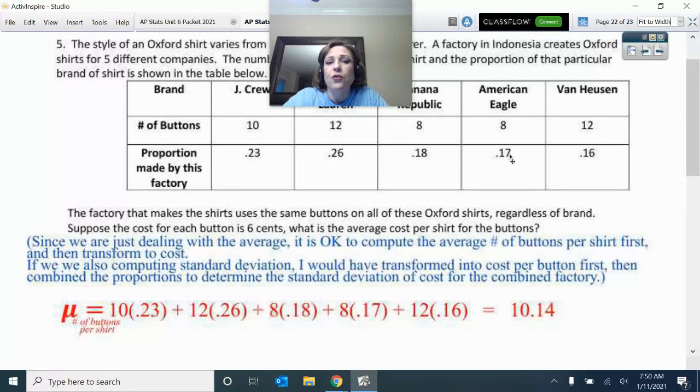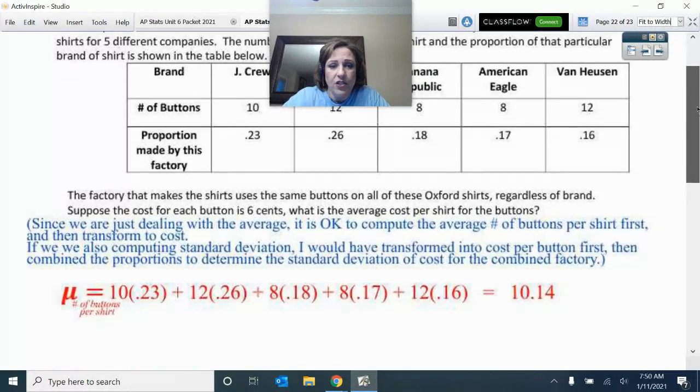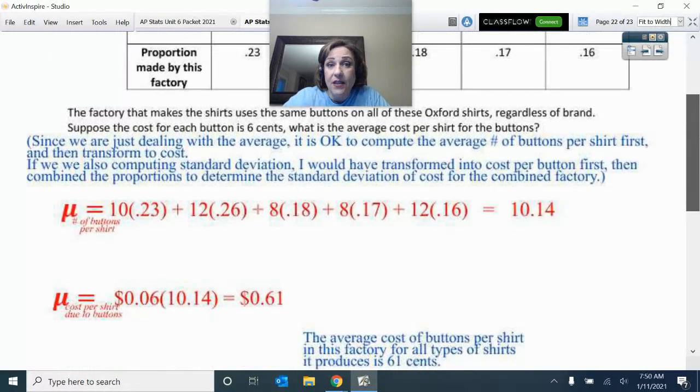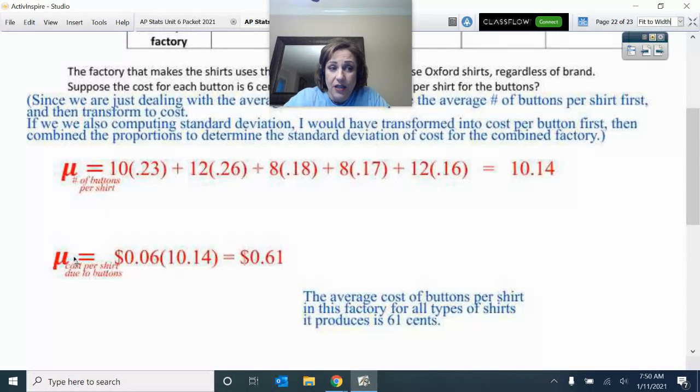Then this is the average number of buttons per shirt that they make across their entire factory. And then we know the cost per shirt due to the buttons.